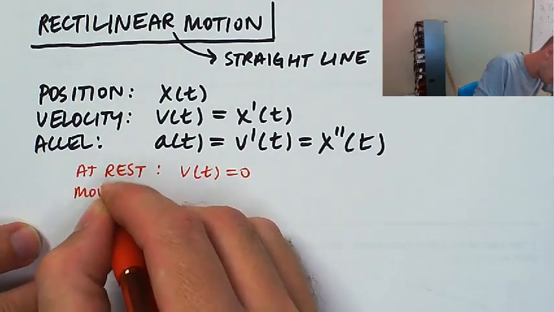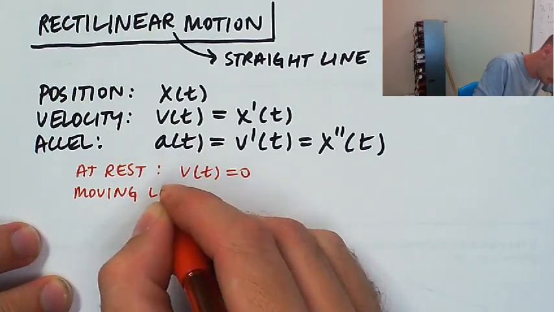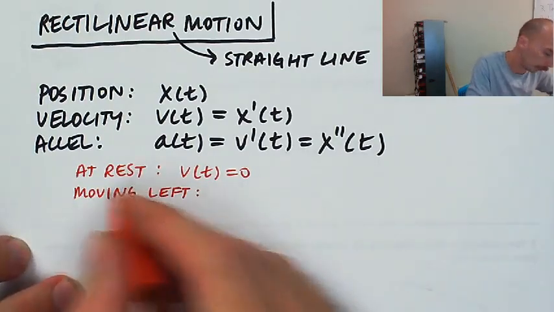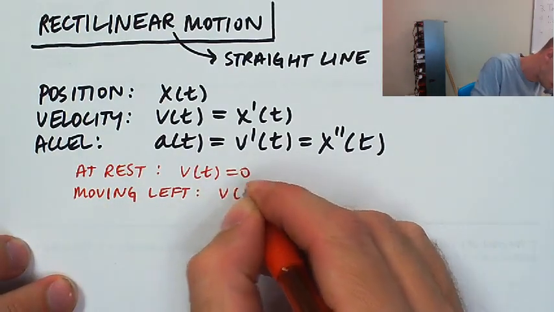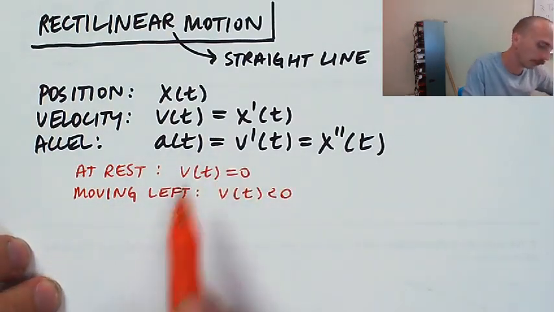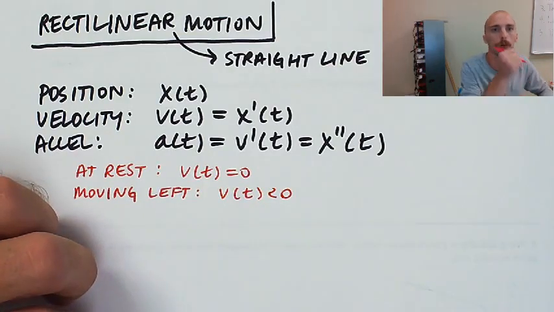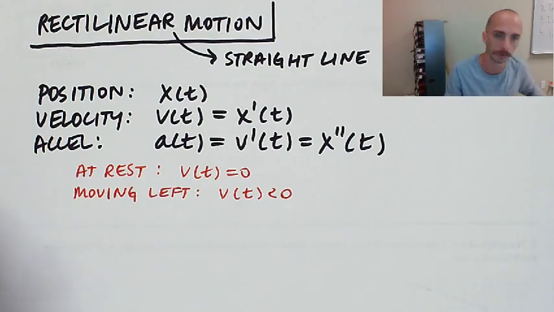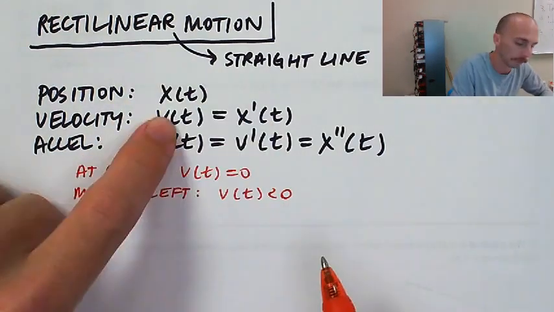Okay, moving left, if we're on an x-axis, moving left is going to be where velocity is negative because the position is decreasing. The x-coordinate is getting less and less. Okay? So the value of x is decreasing, and so we would say x prime is negative. X prime, that's velocity.